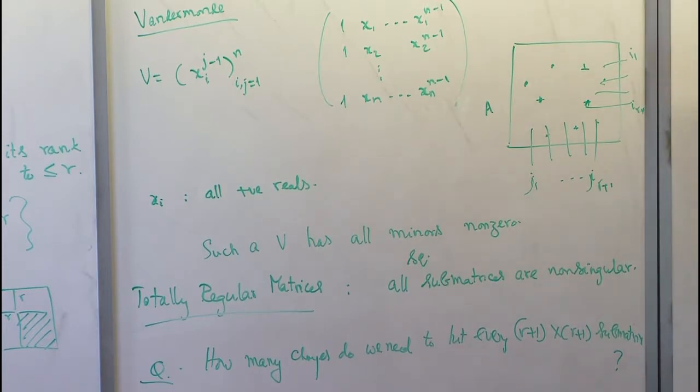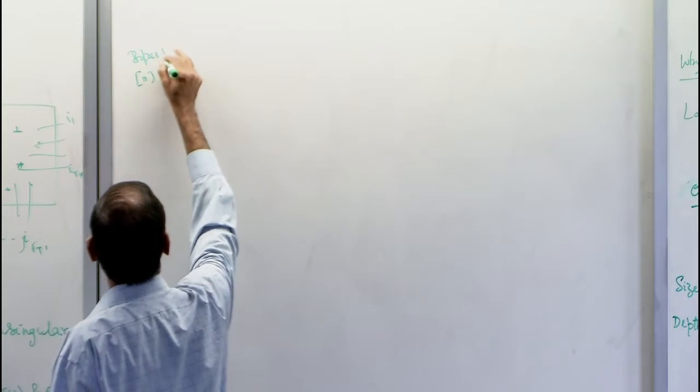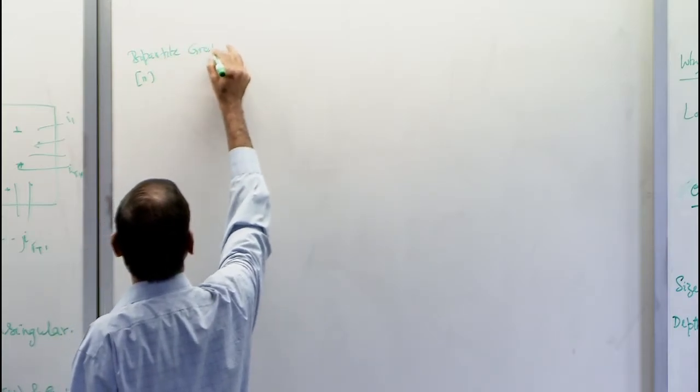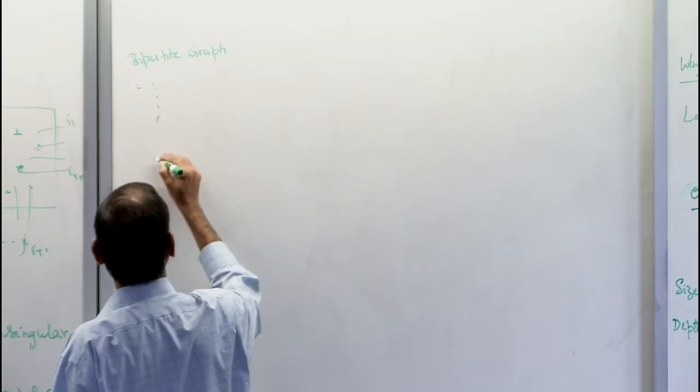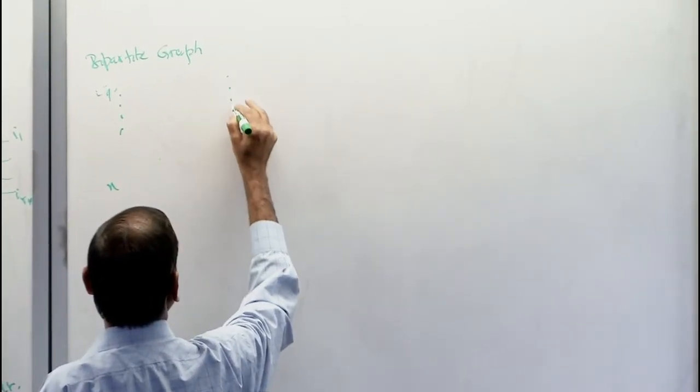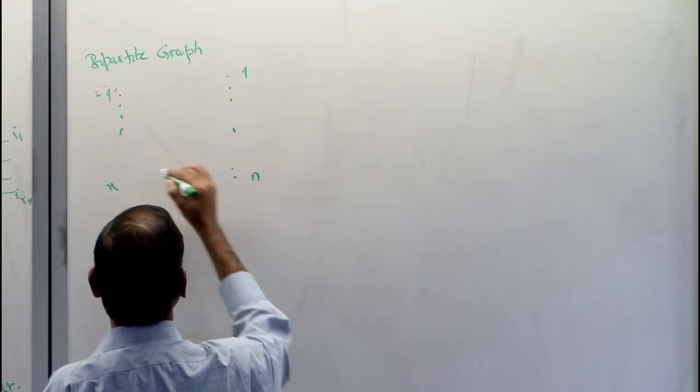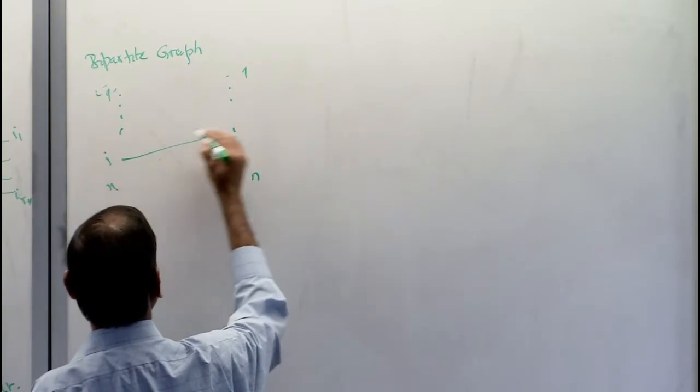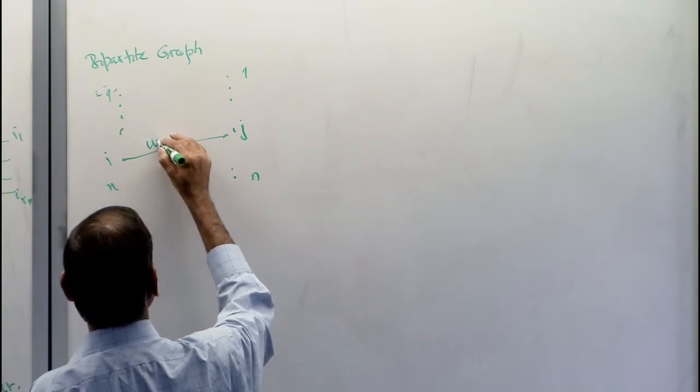So the way we're going to answer this is, since it's a combinatorial problem, to think about the coordinates of A as a bipartite graph. We look at a bipartite graph with vertices 1 through n on each side, and you put an edge between i and j if that's an unchanged entry.